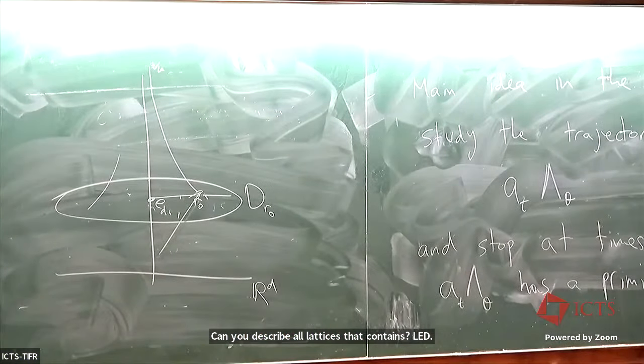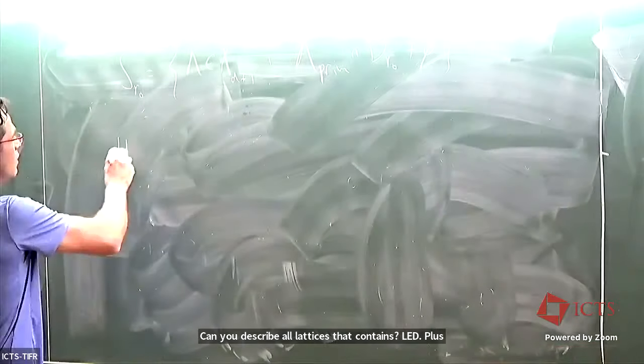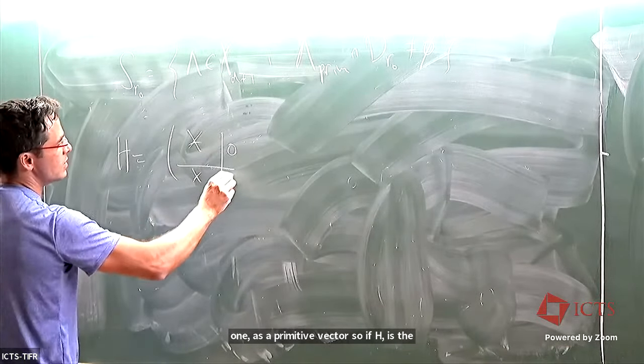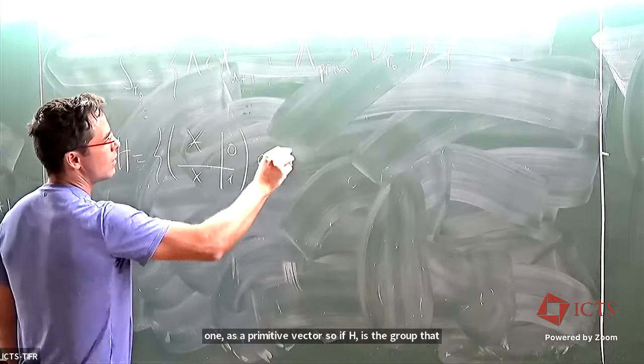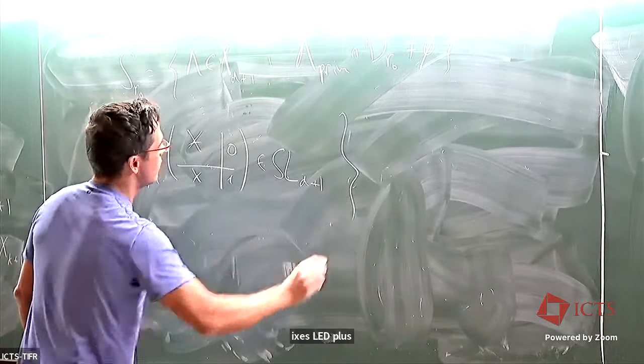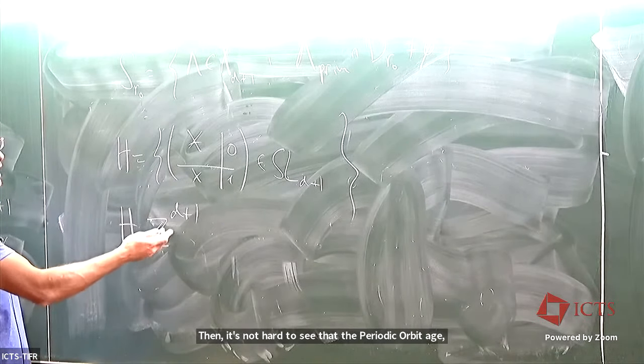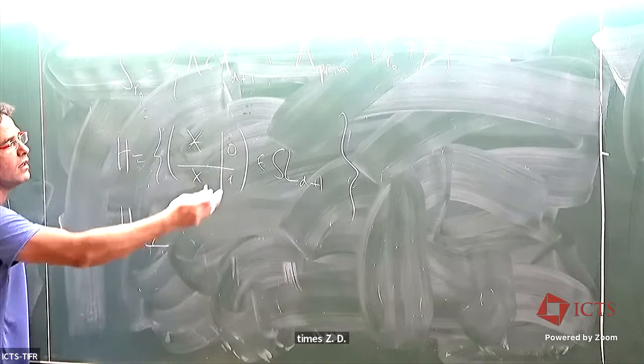So if H is the group that fixes e_{d+1}, then it's not hard to see that the periodic orbit H times Z^{d+1}, or for what it's worth, any other lattice containing e_{d+1} as a primitive vector, is the set of all lattices containing e_{d+1} as a primitive vector.